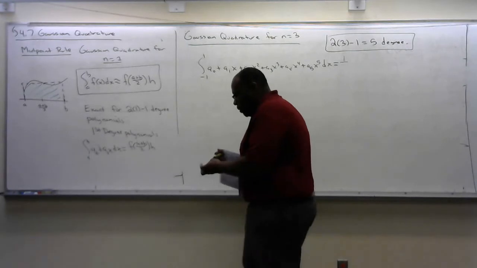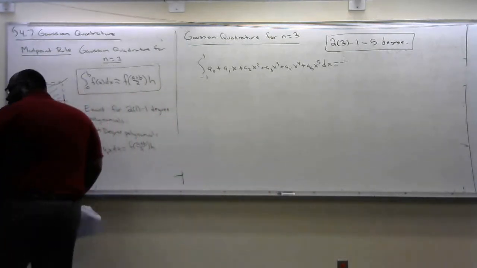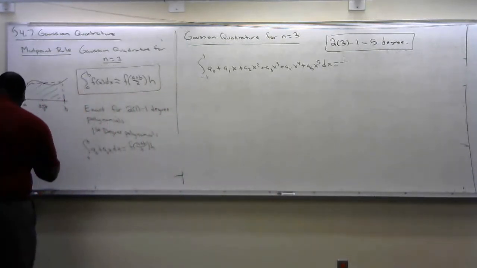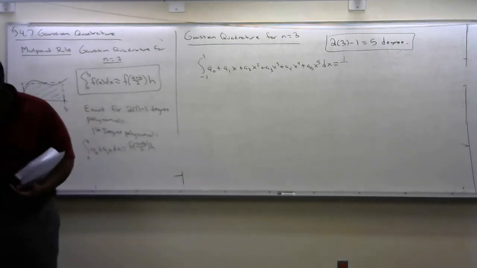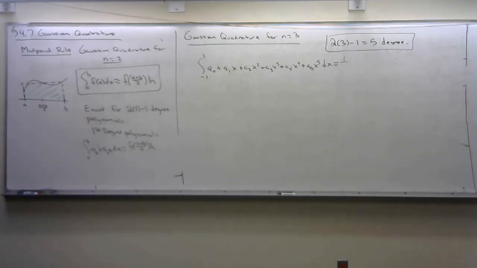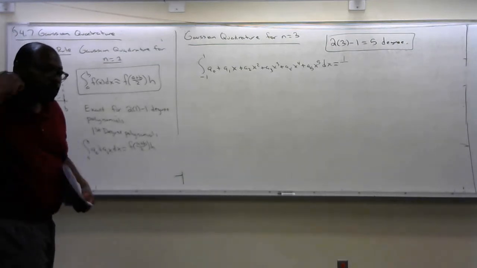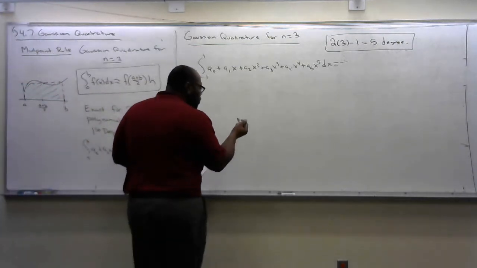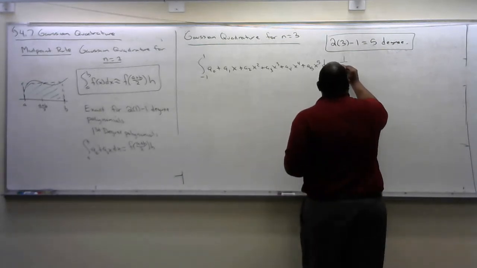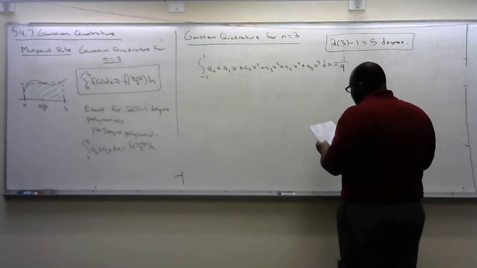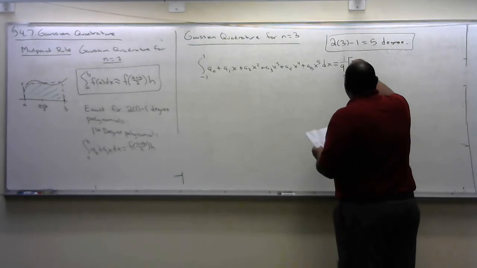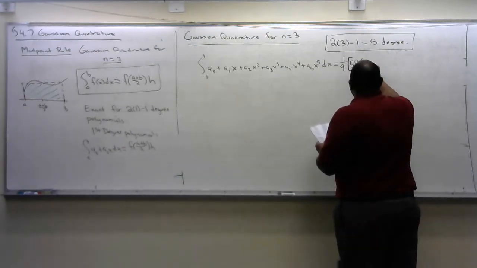I'm going to get a different marker too, one that has a little bit more juice in it. 1/9, this one has just a little bit. 5 times f of negative the square root of 3/5.